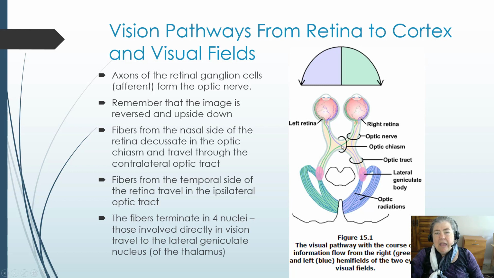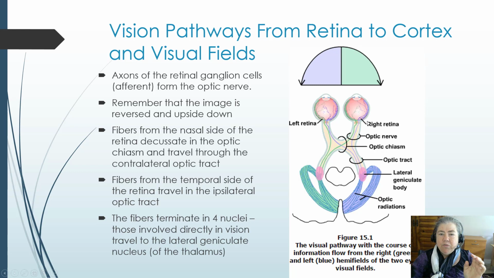Okay. And in addition, what's over here is being seen on the nasal side of my right eye as well as the temporal side of my left eye. And what's over here is being seen on the nasal side of my left eye as well as the temporal side of my right eye.